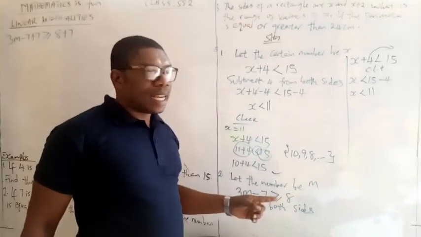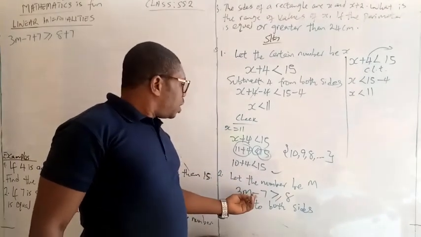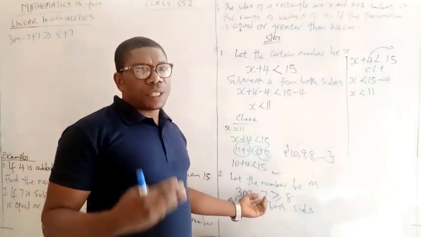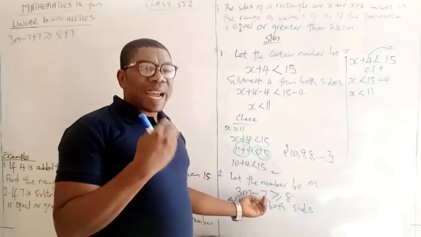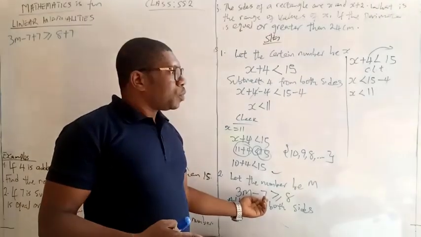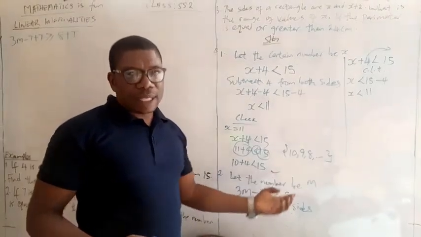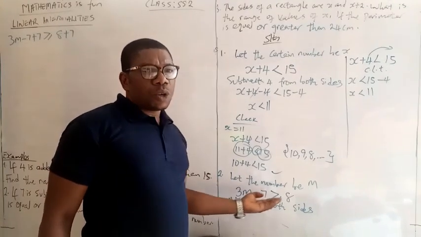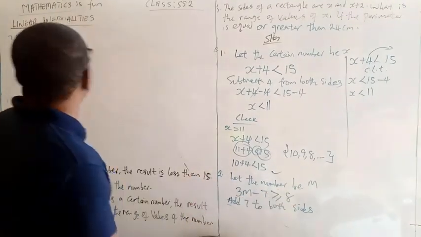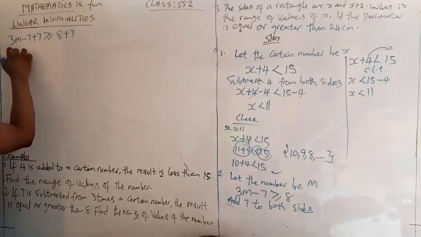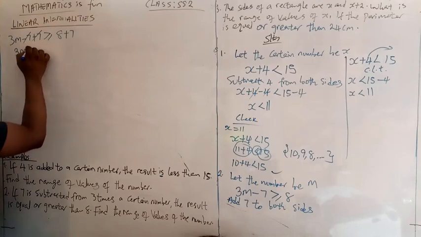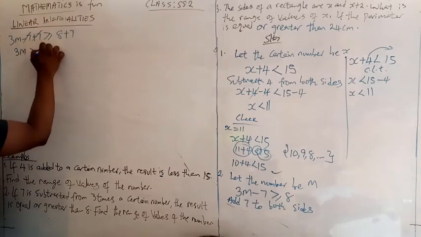And removing this negative 7, you need the additive inverse of minus 7, which is plus 7, to add to both sides. Remember, whatever you are doing to the left hand side should also be done to the right hand side. Therefore, I have my 3m, because negative 7 is removing positive 7, greater than or equal to 15.